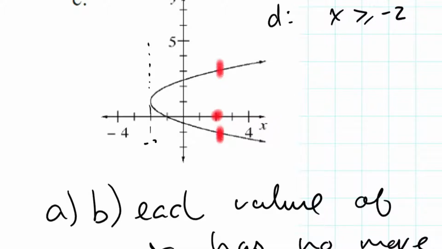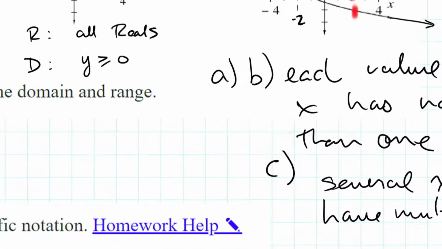It's when I get to -2 that I start getting values that are outputs. So I would say that the domain is all X values greater than or equal to -2. And I would say that the range is all reals. And my justification for that is this arrow continues to go up, and it may be slow, it may take a while, but with this going up and the other one going down, eventually I'll be able to hit any number, either in the positive or the negative.